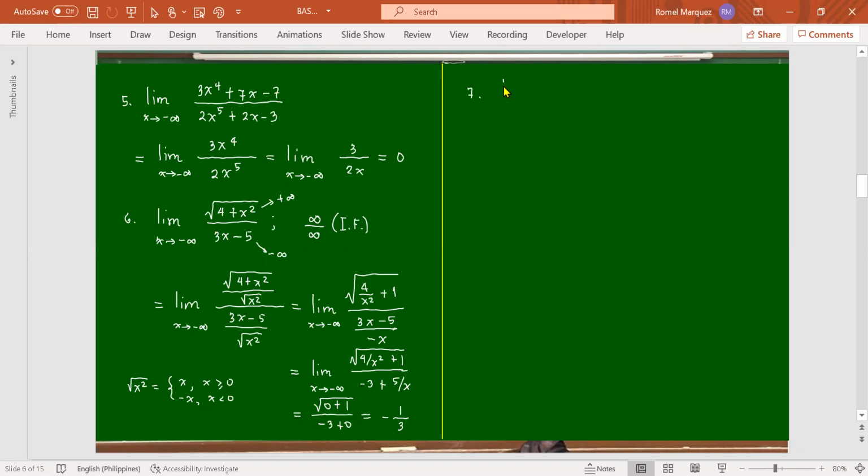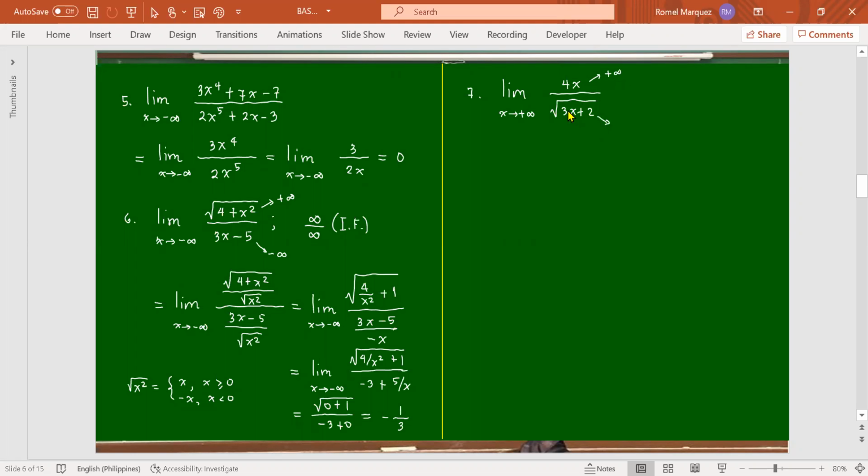One more for this. Limit as x approaches positive infinity of 4x over the square root of 3x plus 2. What about this? Guys, what is the limit of the numerator? Positive infinity.